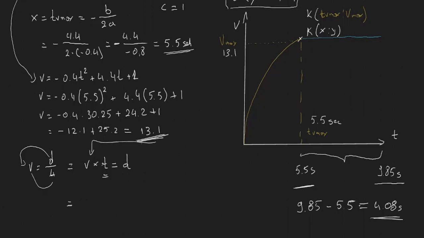Then we do the math. 13.1 meters per second times 4.08 seconds equals 53.5 meters. This is the answer. Usain Bolt ran 53.5 meters with a constant speed of 13.1 meters per second.